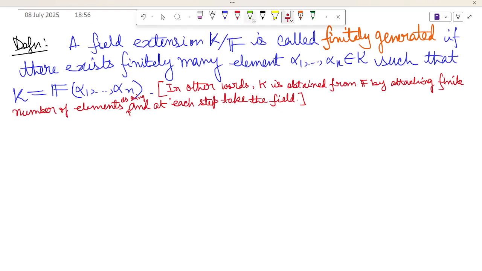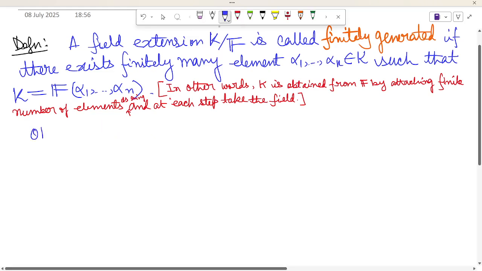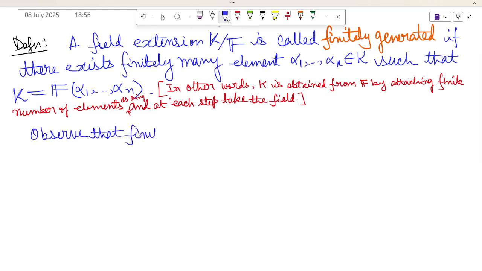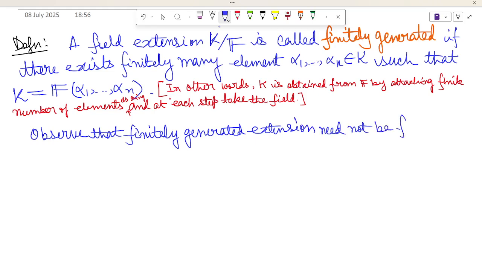Observe that a finitely generated extension need not be finite. Why?